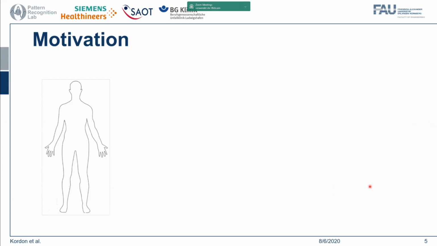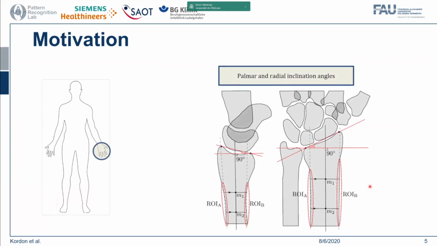I brought some examples where this anatomical axis is actually used. For example, if you look at the wrist, you usually have to evaluate the axis when you do some fracture reduction to maintain the correct angle measurements, for example, the inclination angles after the wrist is broken.